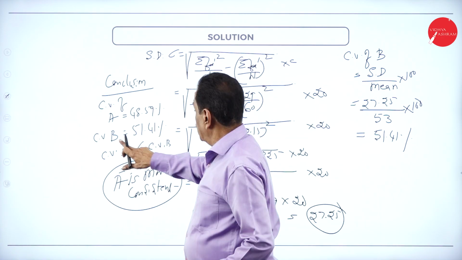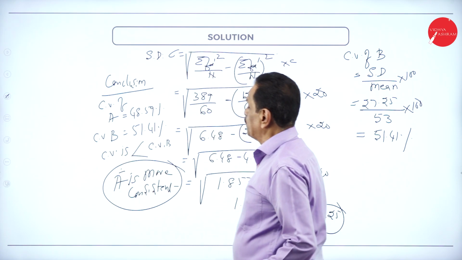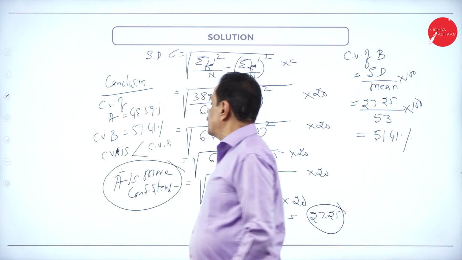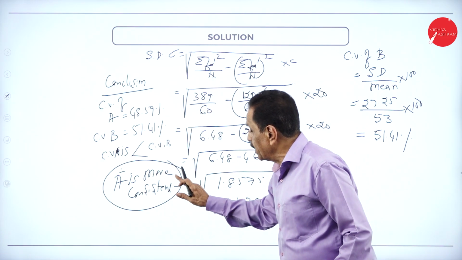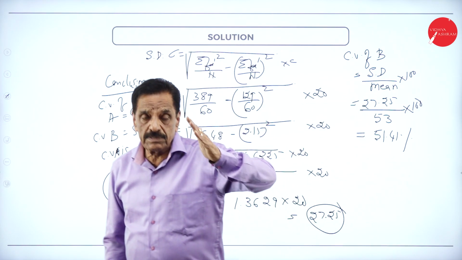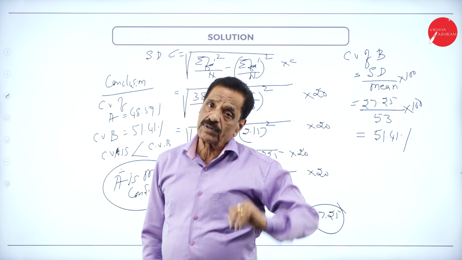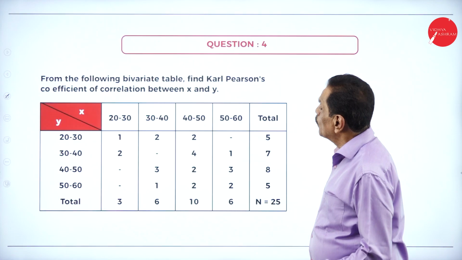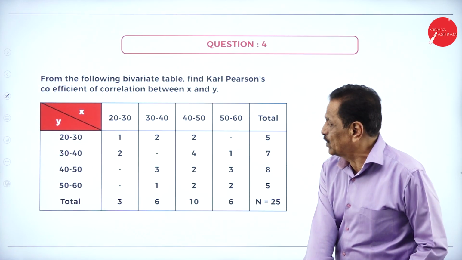Whichever CV is less is more consistent. Whichever average is more is the better company. Hope you understand this. We'll move on to correlation.